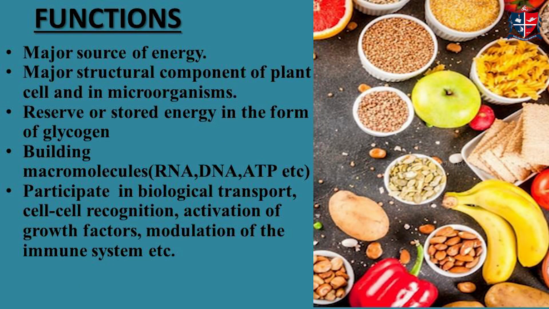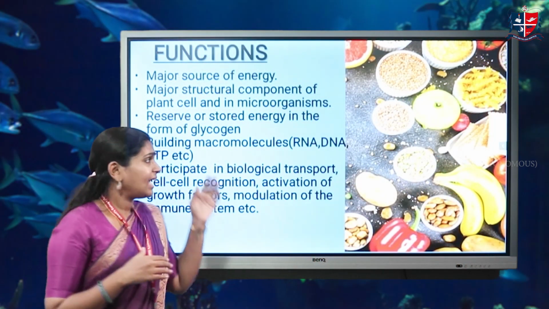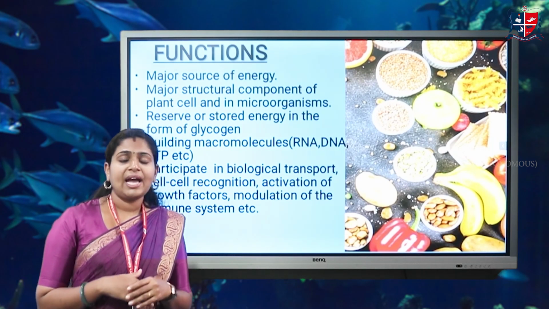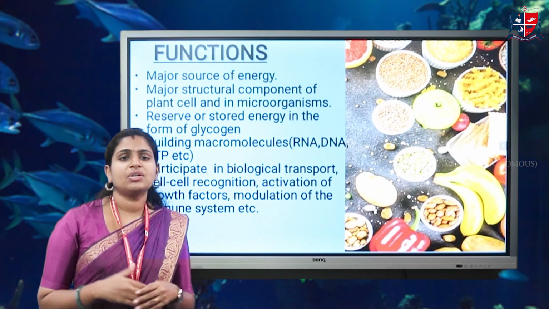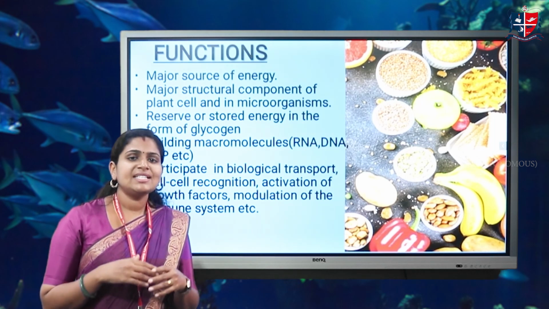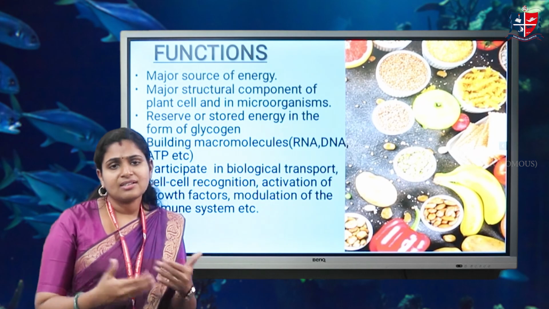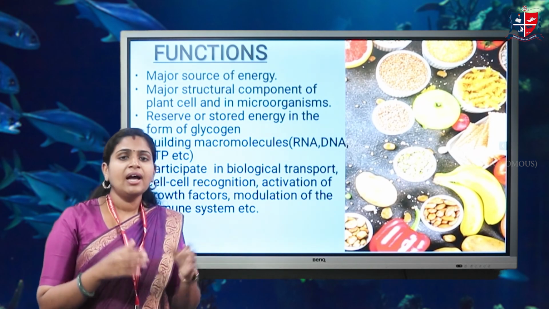Now coming to their functions, the first function of carbohydrate is that it can act as a source of energy. We already know that ATP, adenosine triphosphate, is a high energy molecule required for our system, and this energy molecule comes in our body through glucose, a carbohydrate.